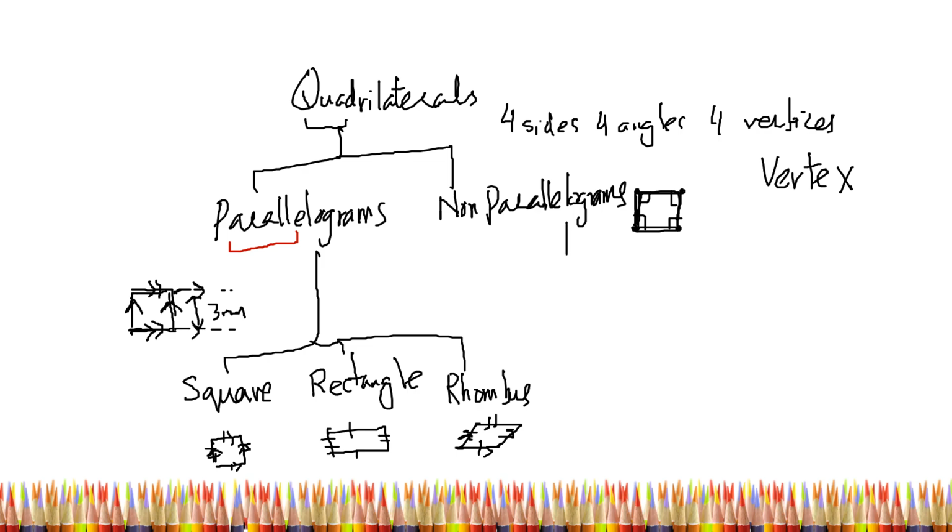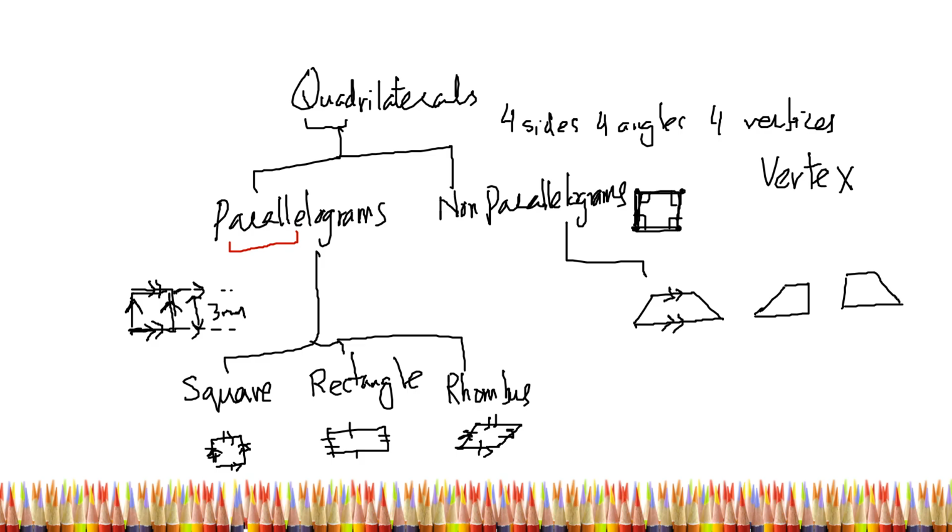Now when you talk about non-parallelogram, we have an example which is trapezium. Now this is trapezium. Let me draw one more trapezium which can look like this, and this is also a trapezium. Okay, now in trapezium, one of the opposite sides, like this one and this one, they are parallel.